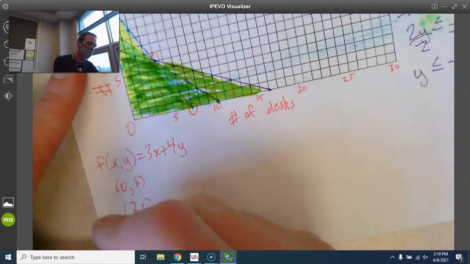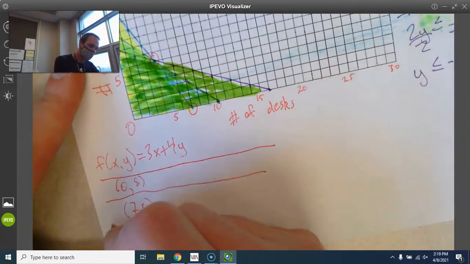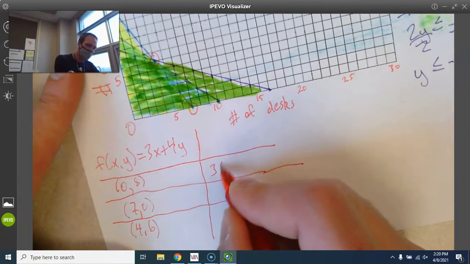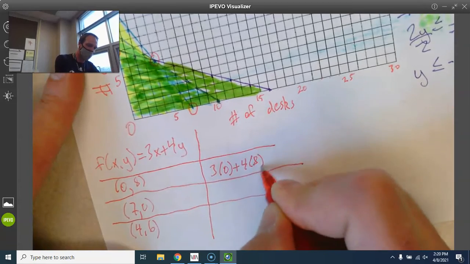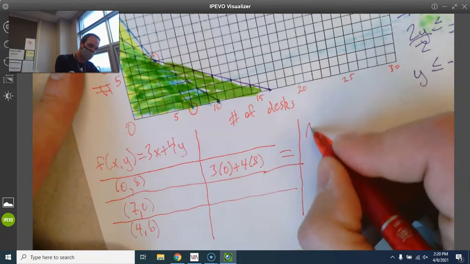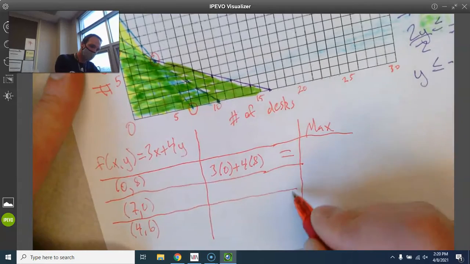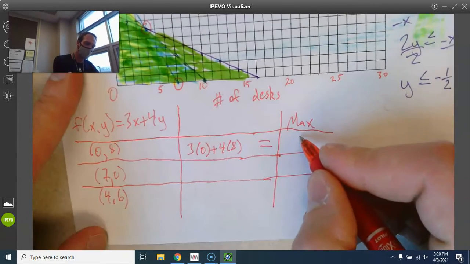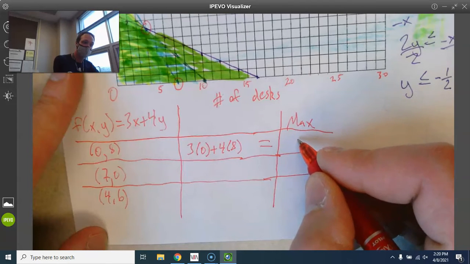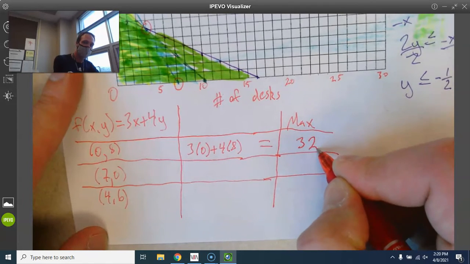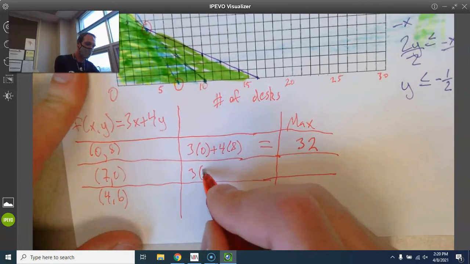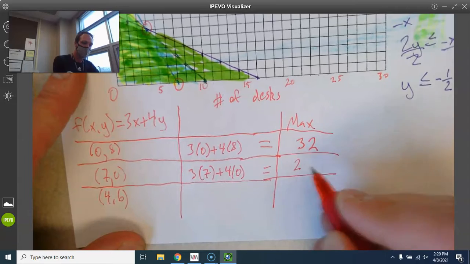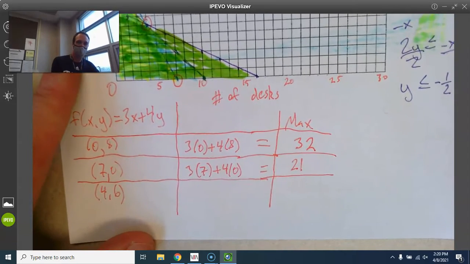So now when I plug in each of these, I take 3 times 0 plus 4 times 8. So that's a maximum of what? $32, yeah. And then 3 times 7 plus 4 times 0 gives us what? 21. It's all good.